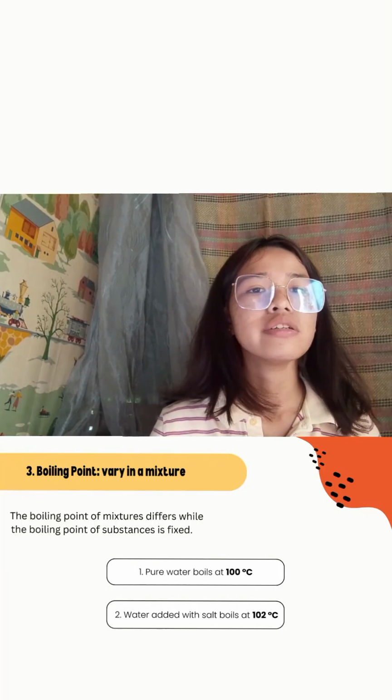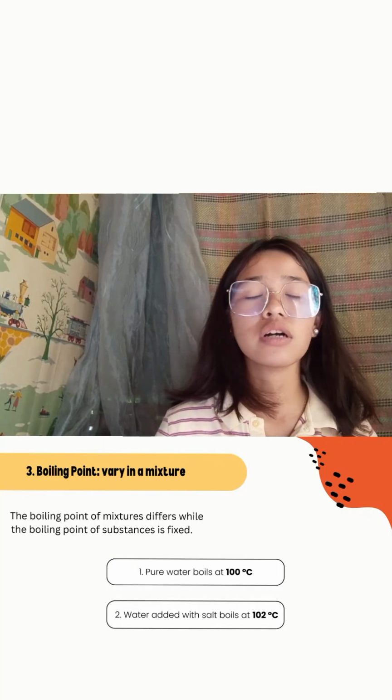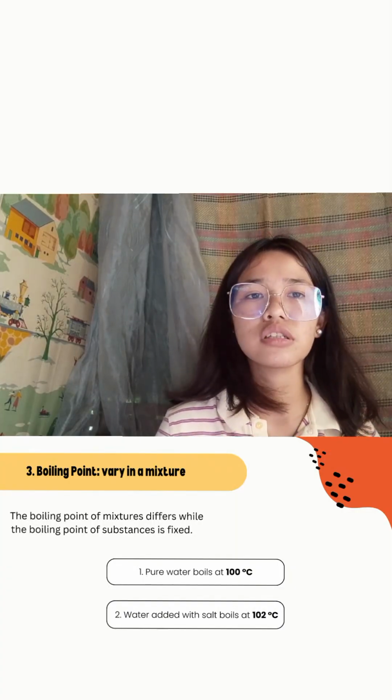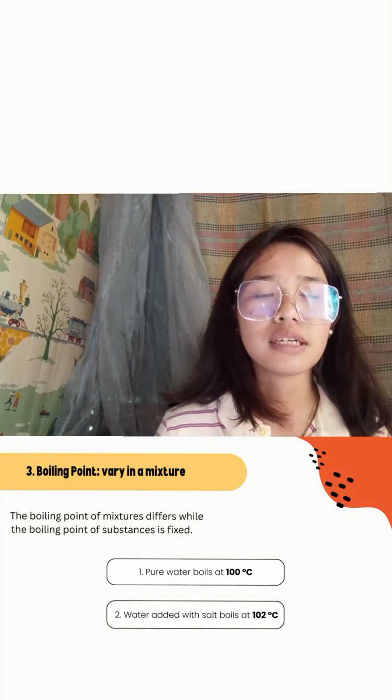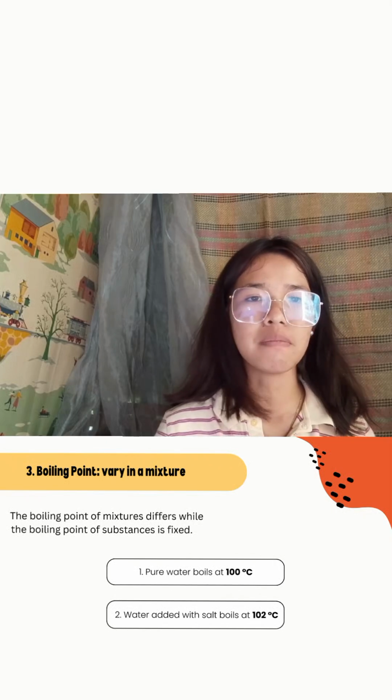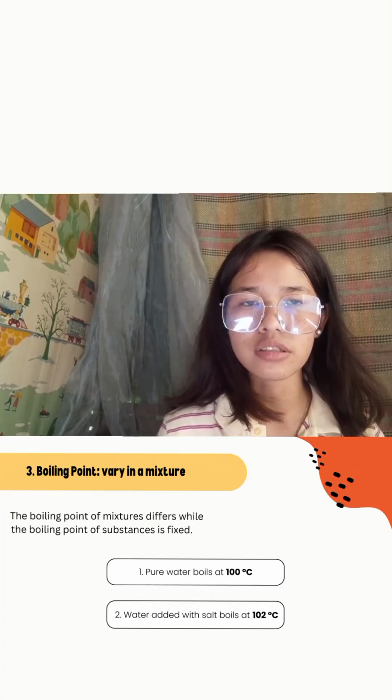So next, we will tackle the boiling point. The boiling point can be measured, and it varies on the mixture. The boiling point of a mixture differs, while the boiling point of a substance is fixed. For example, pure water boils at 100 degrees Celsius.